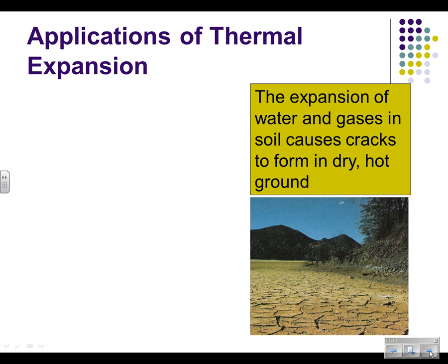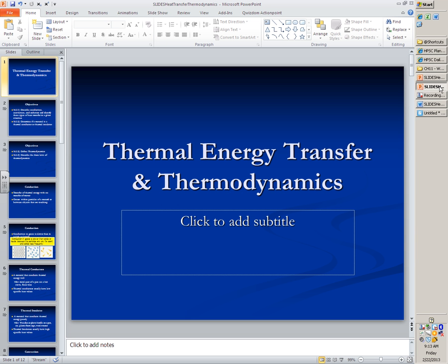All right. Let's talk about how this actually happens with thermal energy transfer and thermodynamics. The fact that this outline is called thermal energy transfer means we're going to be dealing with what word from our last outline?